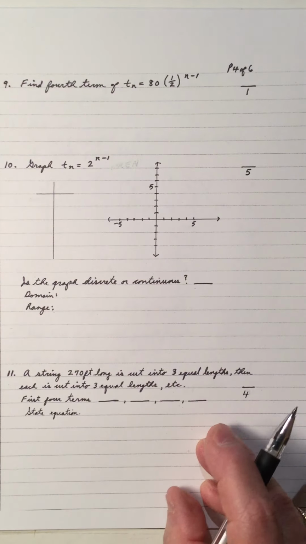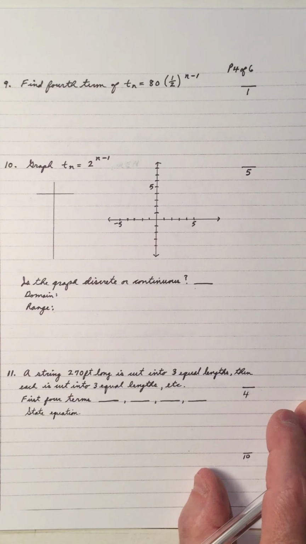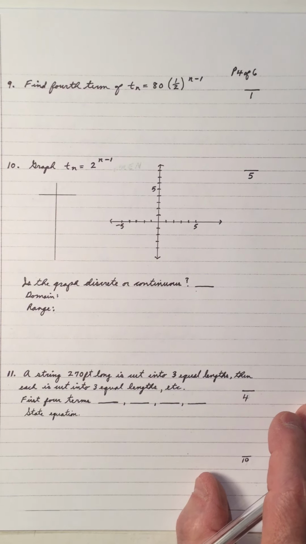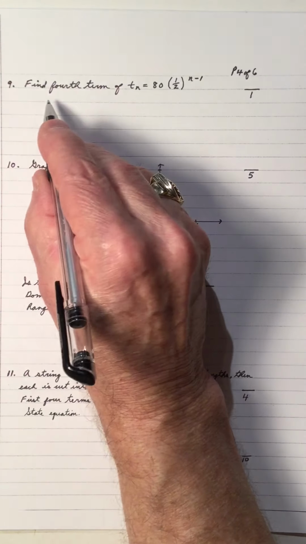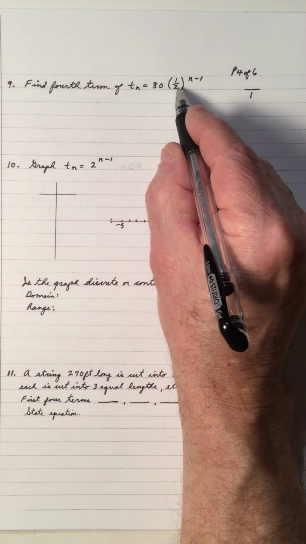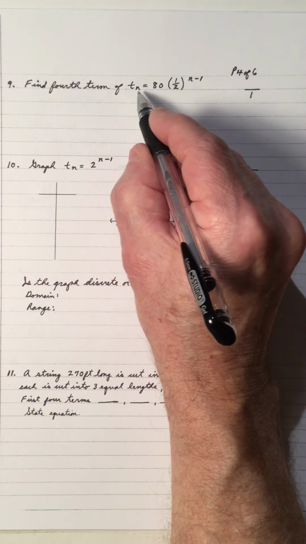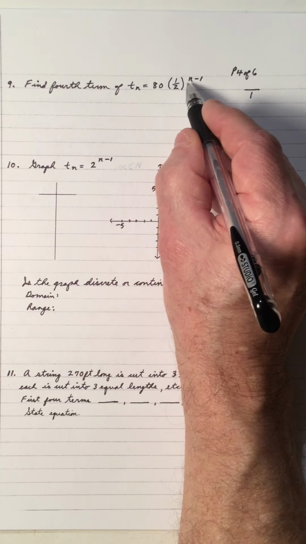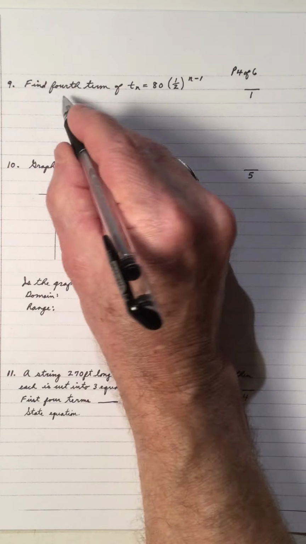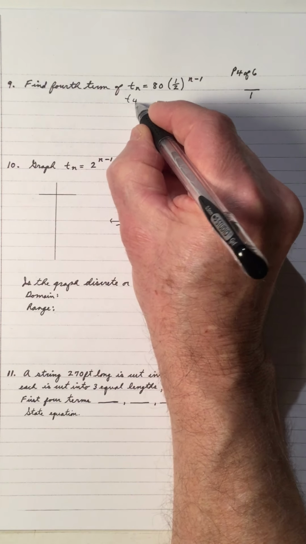Okay, here we go. Keep working these out. Again, it's reviewing the videos in order. Find the fourth term of this equation, Tn equals 80 times a half raised to the n minus 1. So the fourth term means T4.